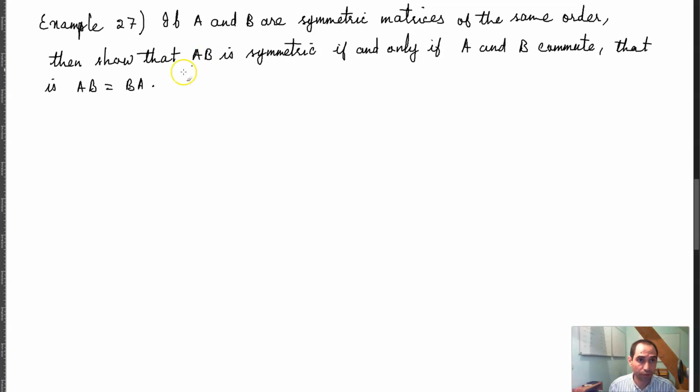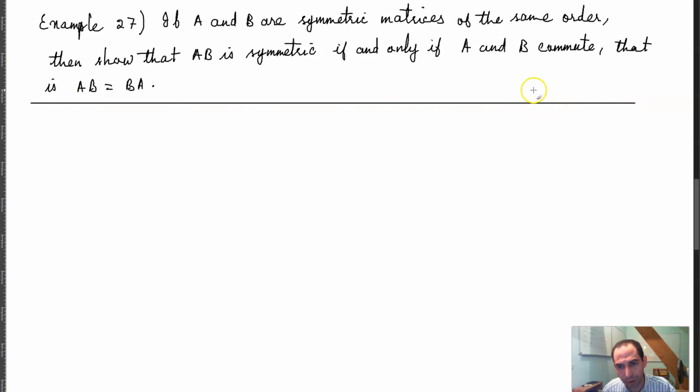Okay, so now to prove this example 27, we are given that A and B are symmetric matrices of the same order, right? It's important to know what you have been given so that you can work with it.